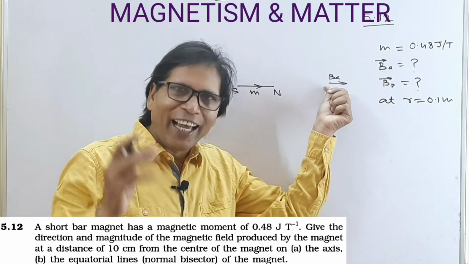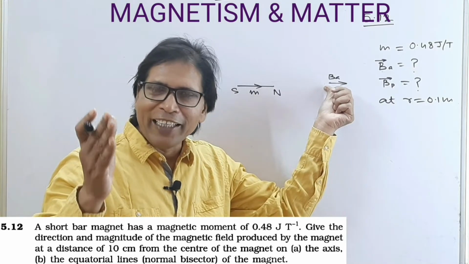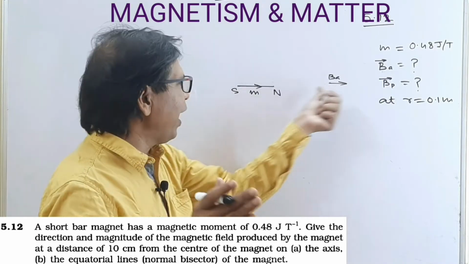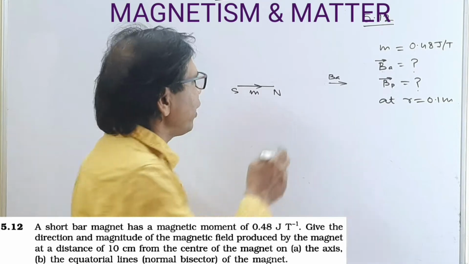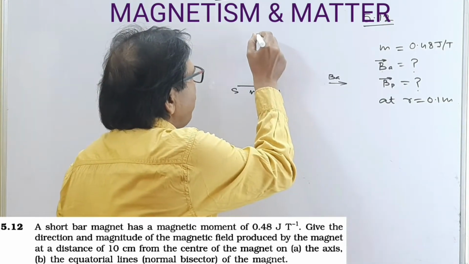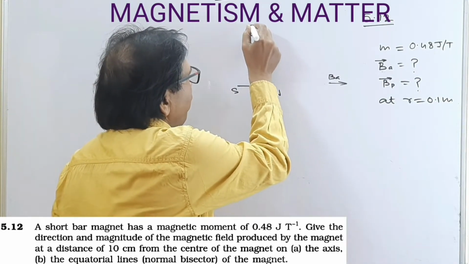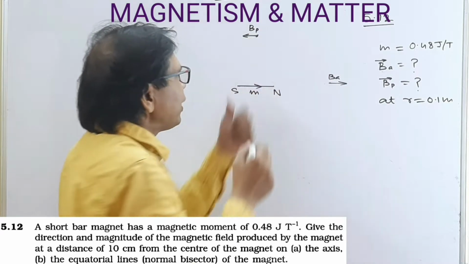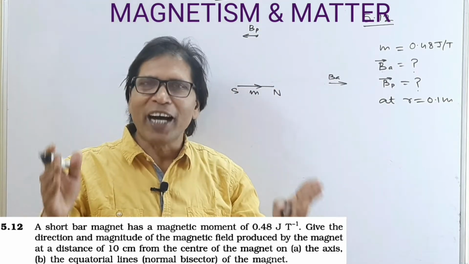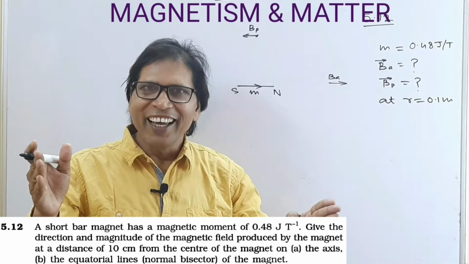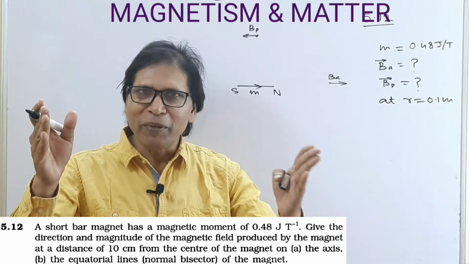Look at this, on the axis, the magnetic field is directed along the direction of m vector, and on the perpendicular bisector position, the magnetic field BP is directed opposite to the m vector. Okay? Now, first of all, BA.